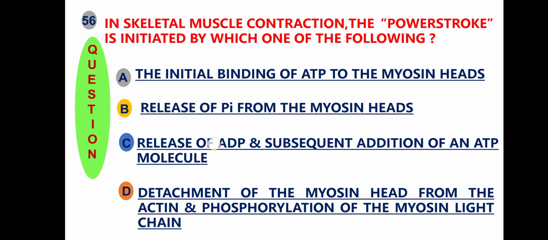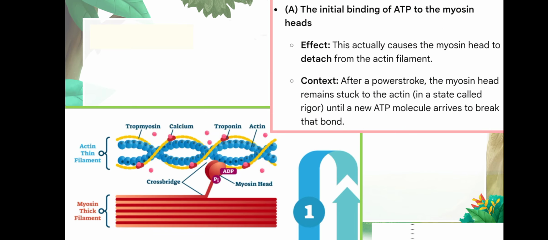So again, revising: in skeletal muscle contraction, the power stroke is initiated by which one of the following? Option A was the initial binding of ATP. Whenever ATP binds to the myosin molecule, this detaches the actin molecule again. You can see where the context is.